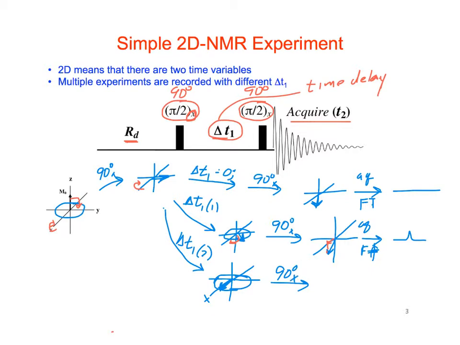Okay, so what's going to happen in this case? Well, essentially we have all the signal right here, and all we're going to do is rotate around it, so it's going to just stay where it is.